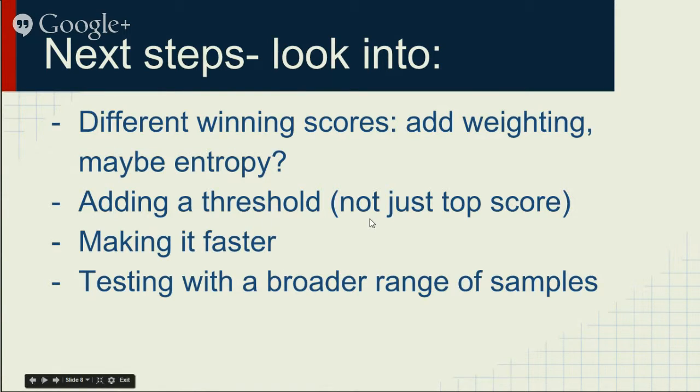So I want to work on that a little bit. I would also like to look into making it faster. I haven't really put it to the test with big long sequences yet, as I just get it up and running and working, but I'm excited to do that. And then also testing with a broader range of samples than just these human genes.